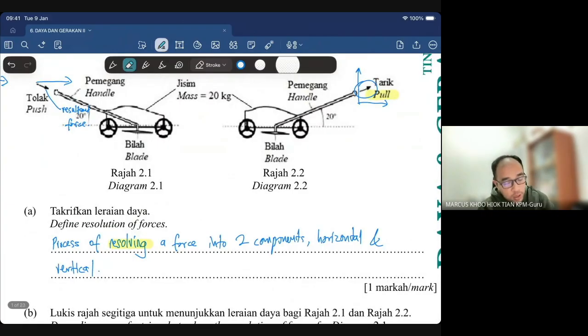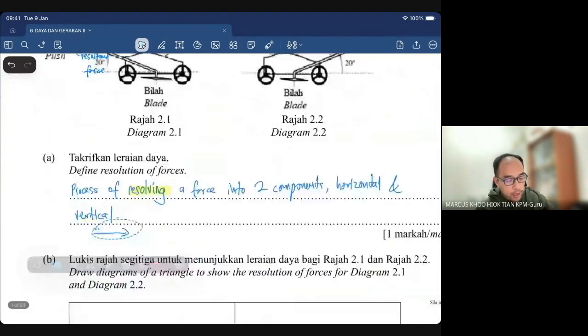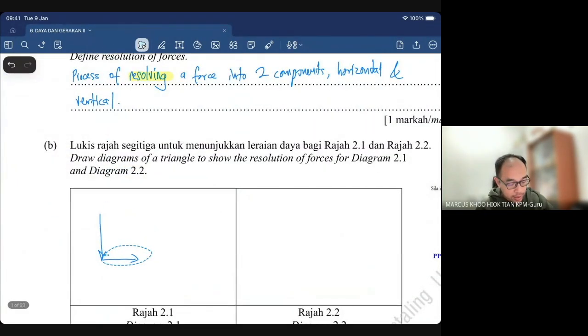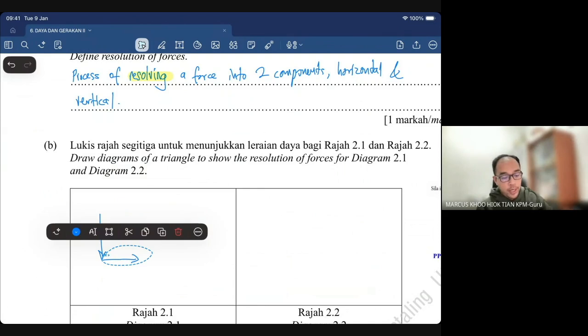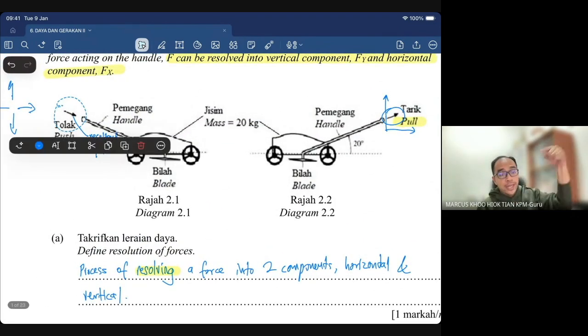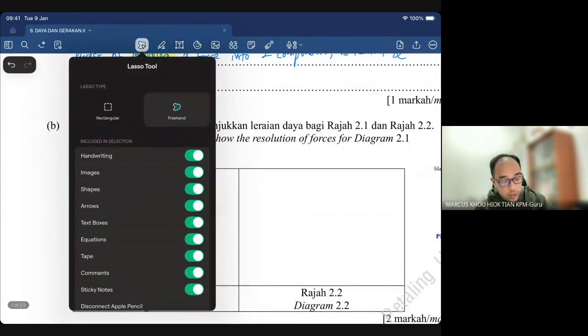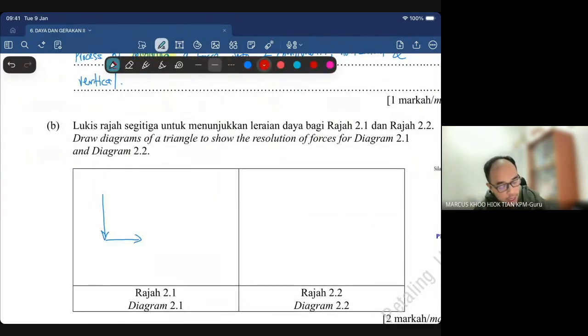Then after that, the rightwards force. What you need to make sure is that the 2 component forces follow one after another. So if they follow one after another, you will notice that this particular one will be like this. It has to follow one after another. And then finally, this last one that is going down and right is the single force that is, sorry, not resolved, it is the resultant force.